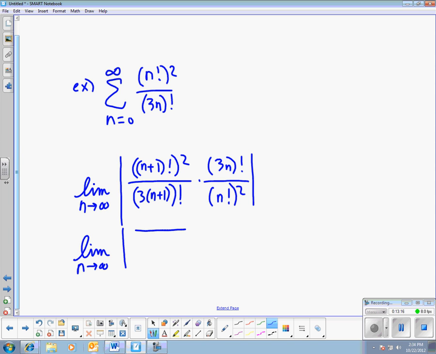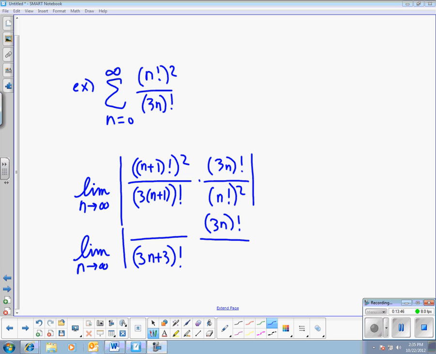For example, this bottom is 3n plus 3 factorial. And the top is 3n factorial. And let's see, we've got an n plus 1 factorial squared on the top and an n factorial squared on the bottom.